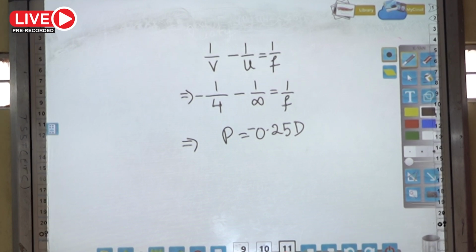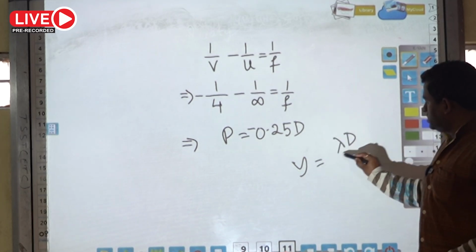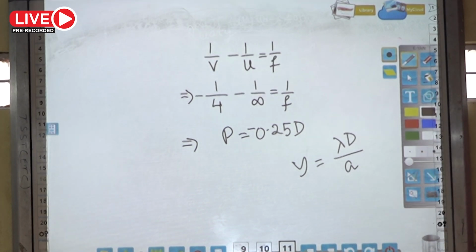A linear aperture whose width is 0.02 centimeter is placed immediately in front of a lens of focal length 60 centimeter. The aperture is illuminated normally by a parallel beam of wavelength, and the distance of the first dark band of the diffraction pattern is y equals lambda D by a.